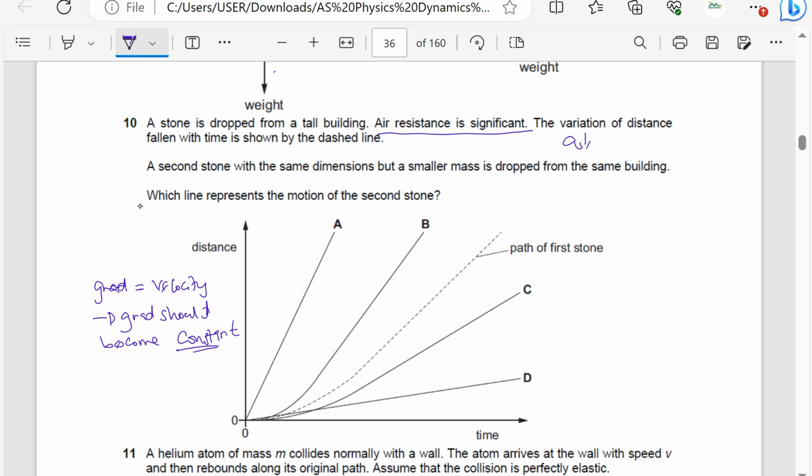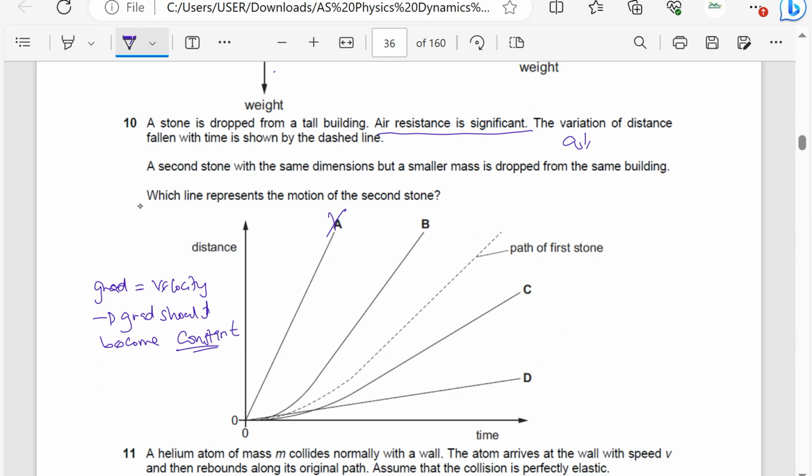So let's check. A is wrong because A shows that the velocity is constant throughout, which means acceleration is zero throughout. B, the gradient is initially zero, then it increases and it becomes constant.